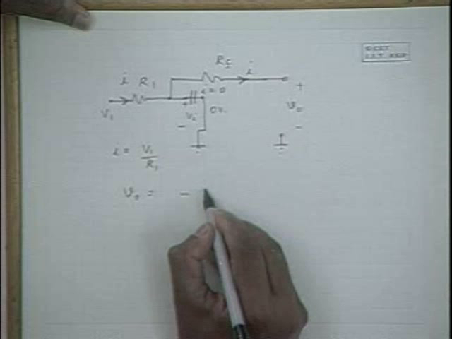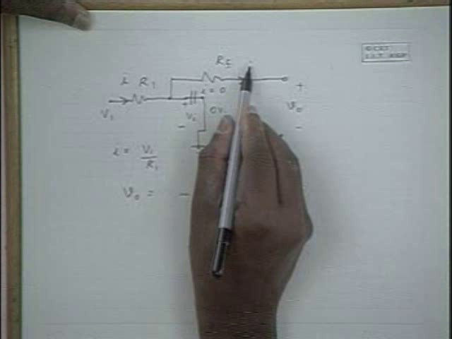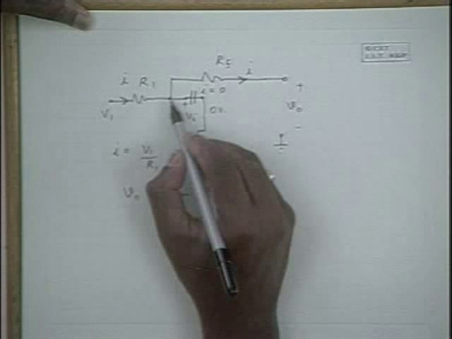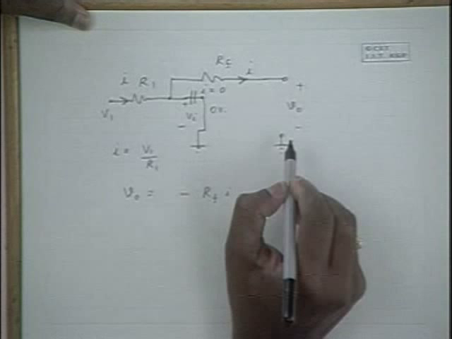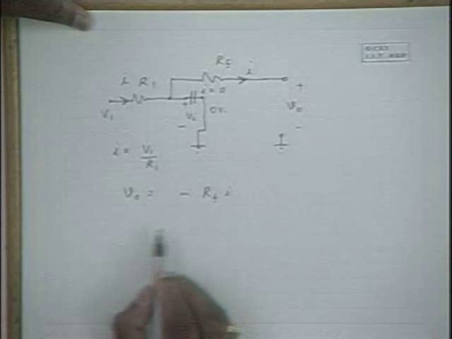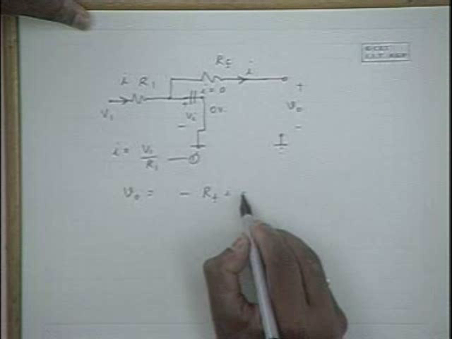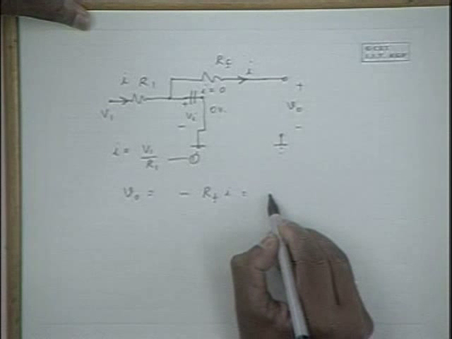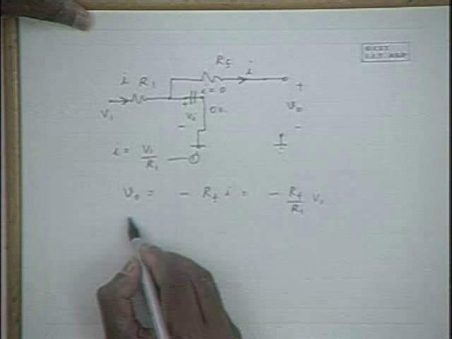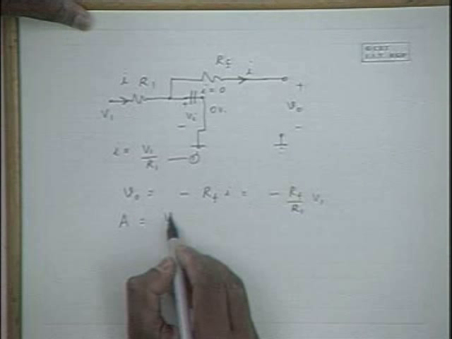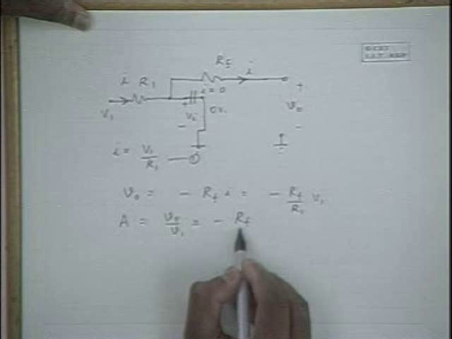Minus RF into I. This is at ground potential, and RF into I is the further drop. So 0 minus RF into I is this voltage V0, that is minus RF into I (equation 2). If you substitute 1 in 2, you will get V0 as minus RF by R1 into V1. Hence the voltage gain A is equal to V0 by V1 is equal to minus RF by R1.